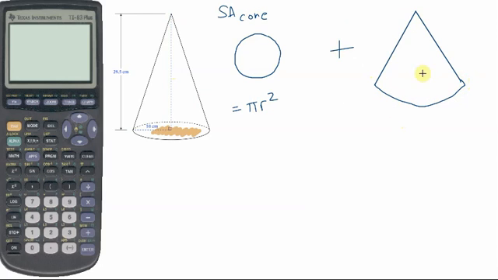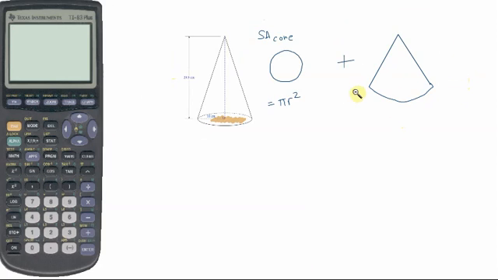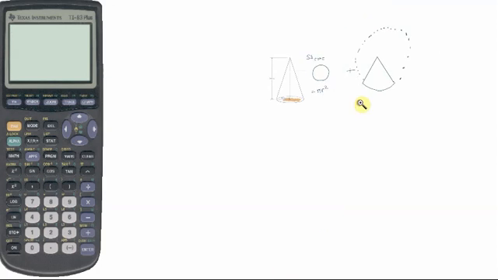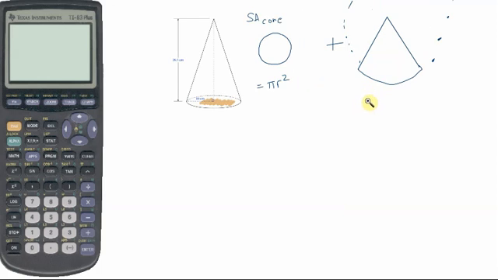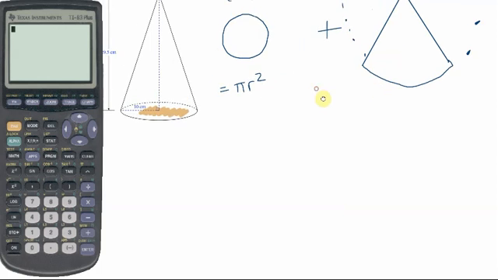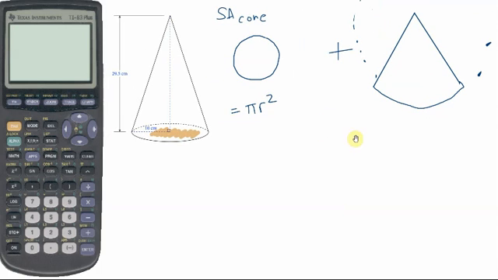This shape, if I was to continue, is actually a part of a bigger circle, which you don't actually see. So somehow the area of this cone surface is related to that of a circle.